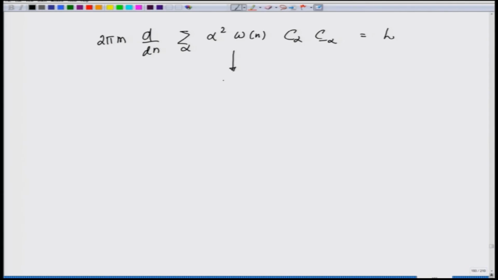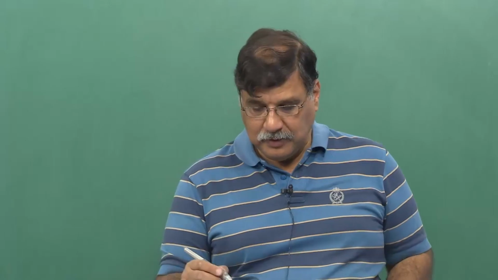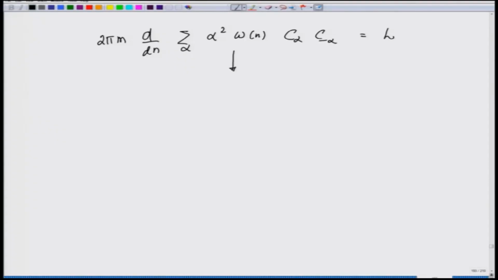Remember, c alpha and all these things correspond to the nth level. So c alpha, let me write each number separately. C alpha would be c n, n minus alpha. C minus alpha would be nothing but c n minus alpha, n, which is the same as c star n, n minus alpha. We have done this in the previous lecture.